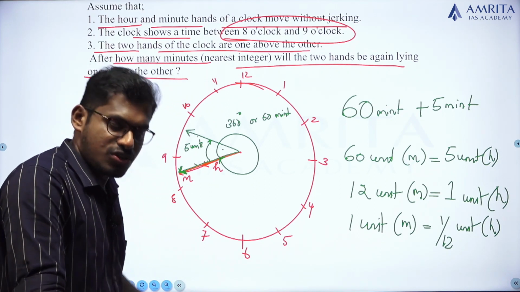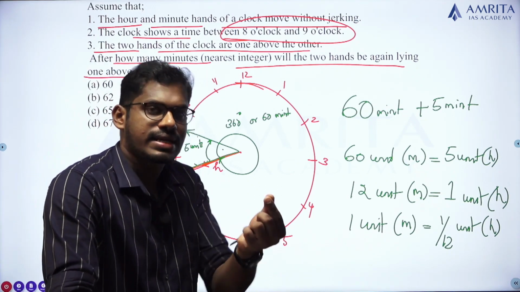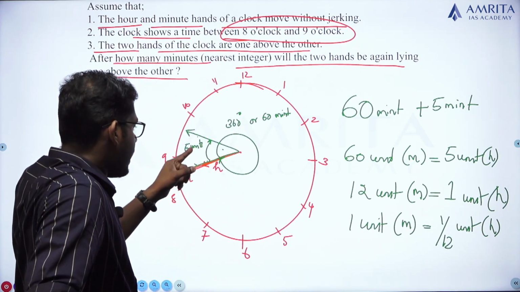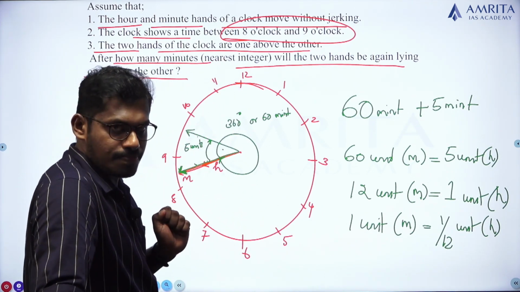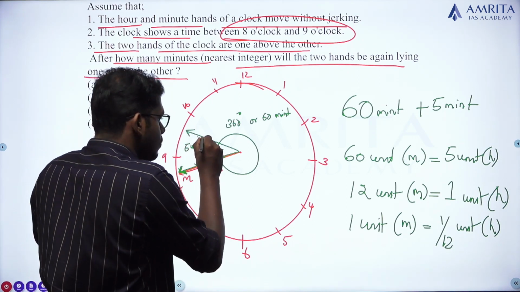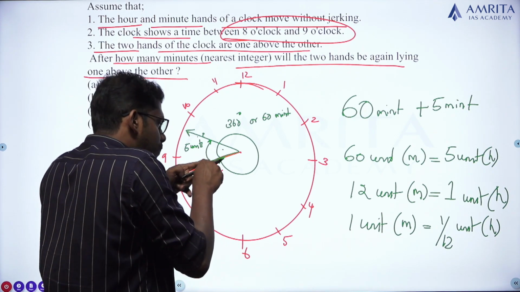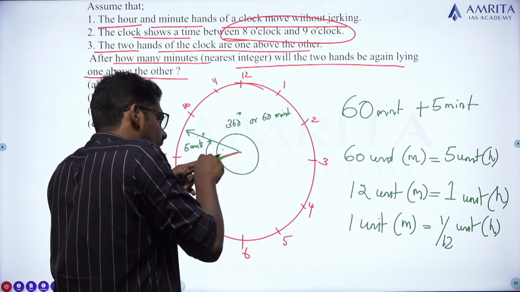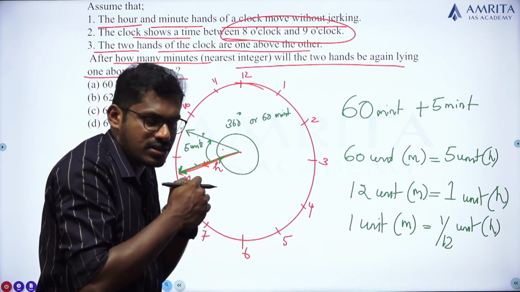Simple idea. So we have to find the time covered by the hour hand while the minute hand moves 5 units. I am repeating once again, we have to find the time moved by the hour hand while the minute hand moves from here to here.